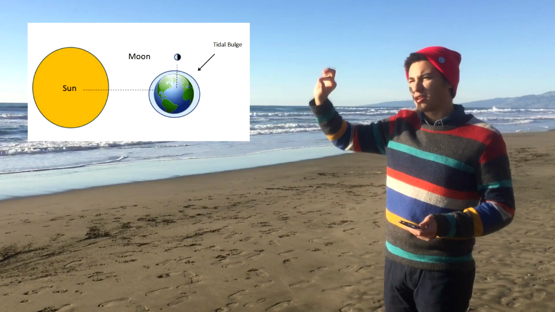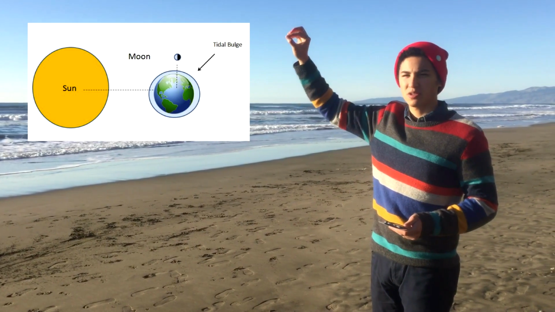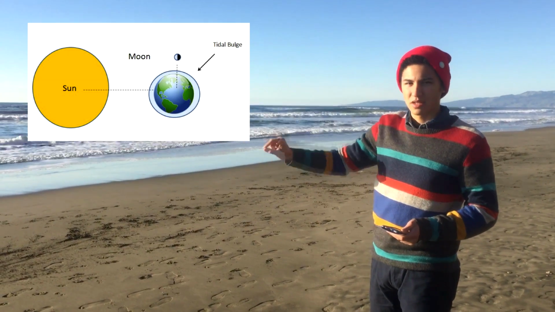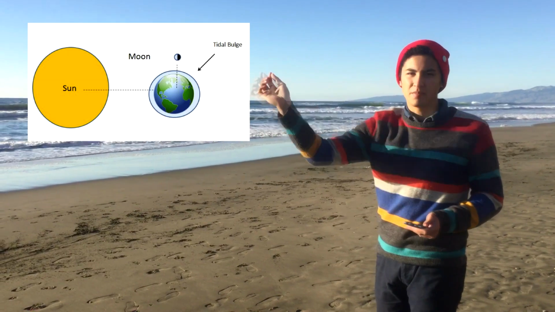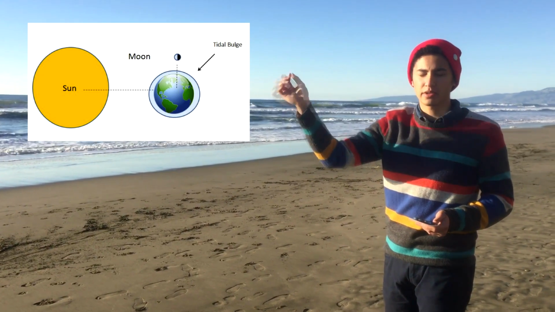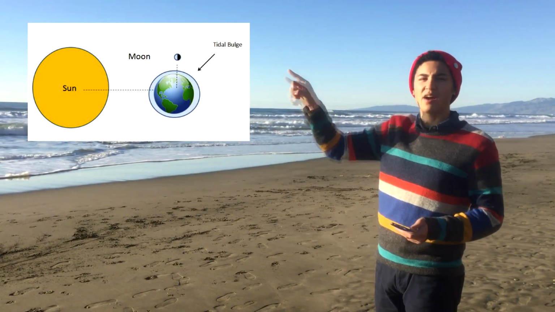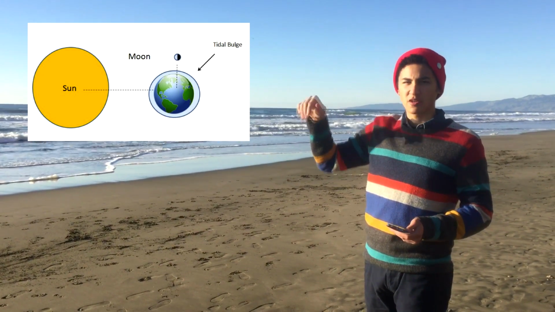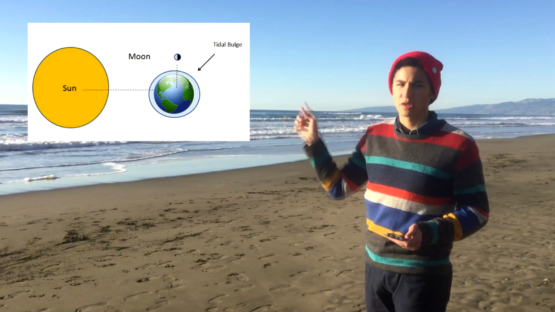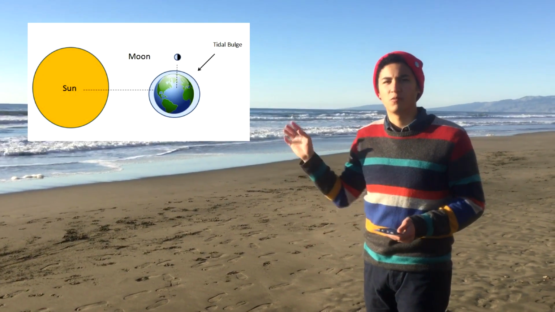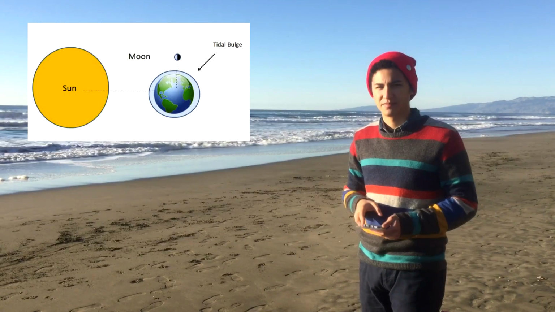So you have the tides being pulled towards the moon either way, and the sun pulling the waves towards itself, kind of balancing it out and making a spherical, more perfectly circular shape, meaning the waves are less intense.